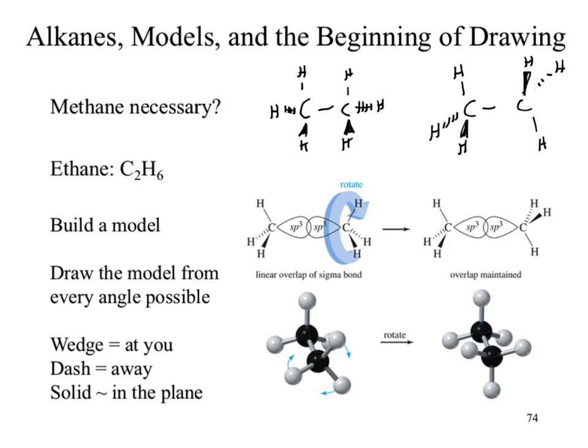Okay? And this is where I introduce this concept. Well, we've looked at it from the side, and we just called that line angle. We added wedges and dashes, and we called it Vesper. And we said we didn't really need another way to do it, right? Because this way is the best way to look at it from the side because I see all the bonds. And then some jackhole comes through and says, well, if you turn it so that you can't see one of those bonds, you can actually tell a difference between those rotations.